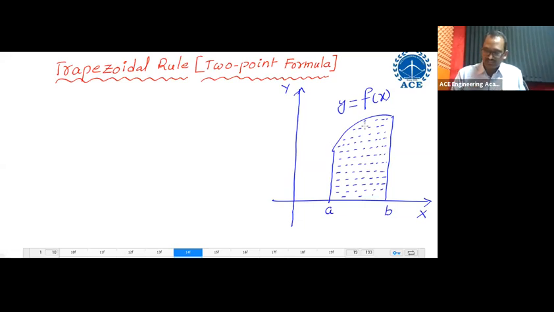Look at the picture I have drawn. This is the curve. In the trapezoidal rule, the curve is replaced by a straight line.